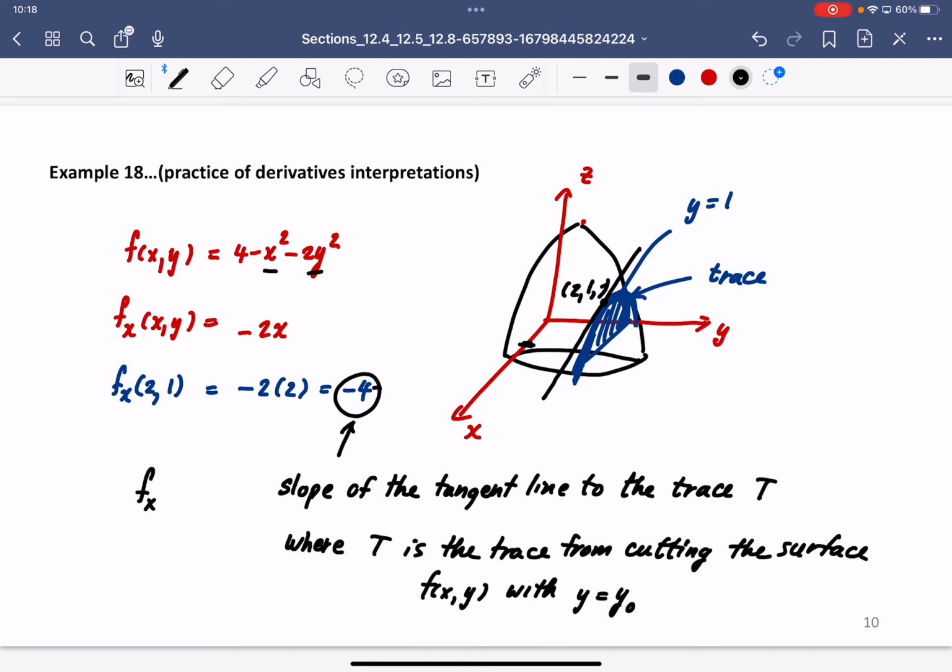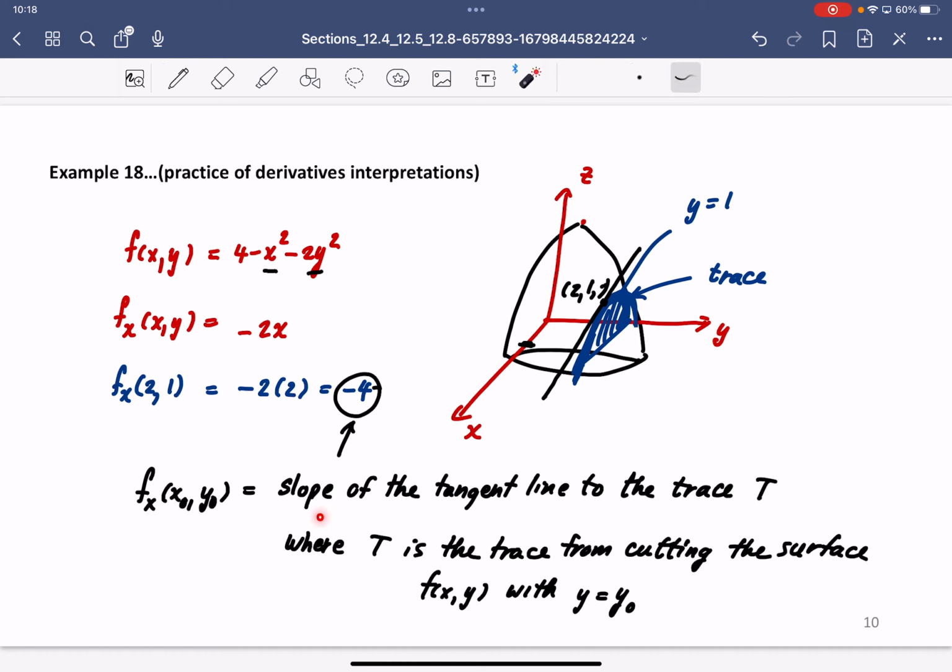This is the meaning of x0, y0 here. So if you differentiate with respect to x, this is the slope of the tangent line to the trace T, where T is the trace from cutting the surface f(x,y) with y equal to y0.